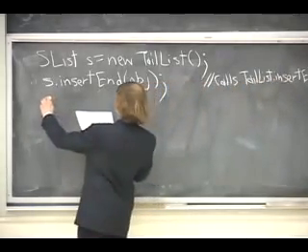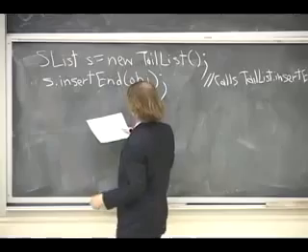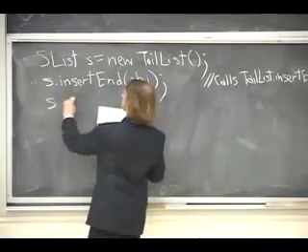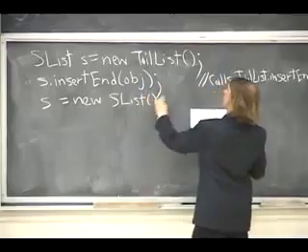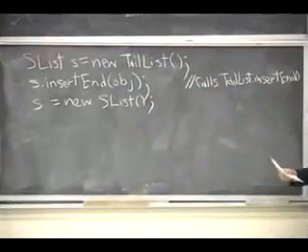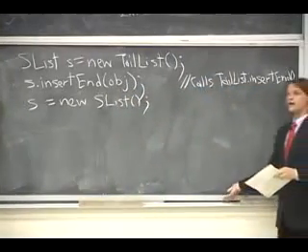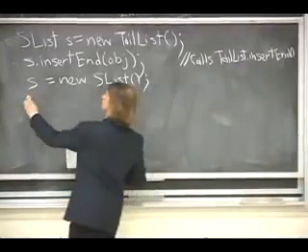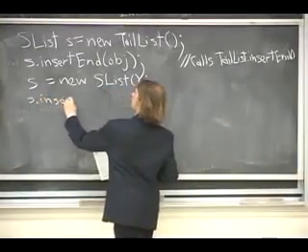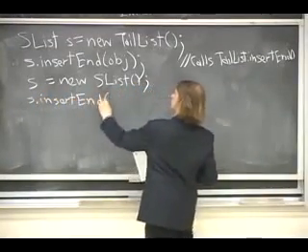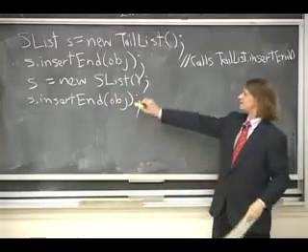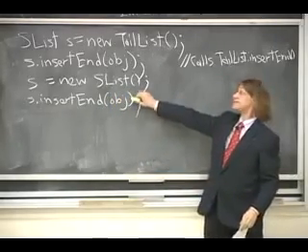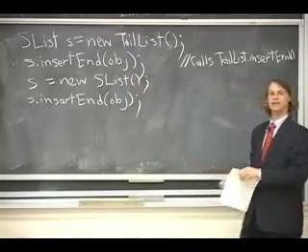But then I could do it the other way around. I could just say s equals new slist and have a generic slist object that does not have a tail. Now I can do the method call again. And please notice that this line of code is exactly the same as this line of code, yet it does something different.